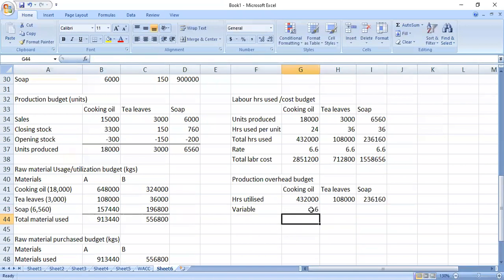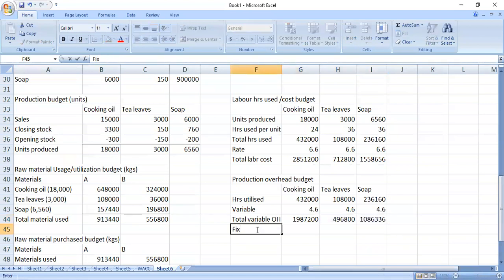Okay, all throughout. So meaning that our total variable overhead cost is the rate times the number of hours spent. Okay. This is how much you spent in form of variable.